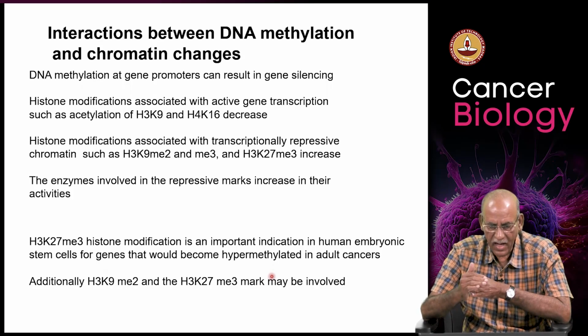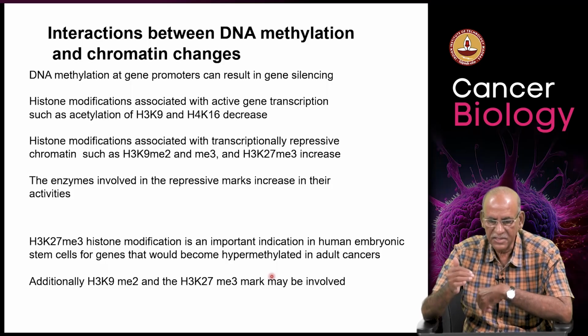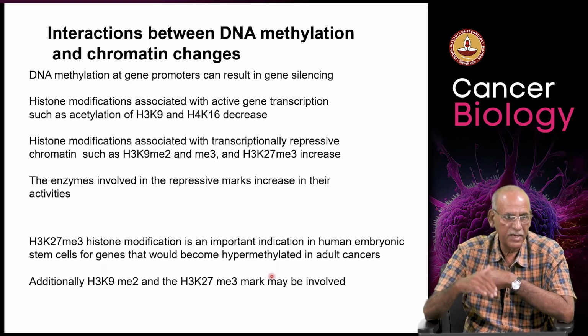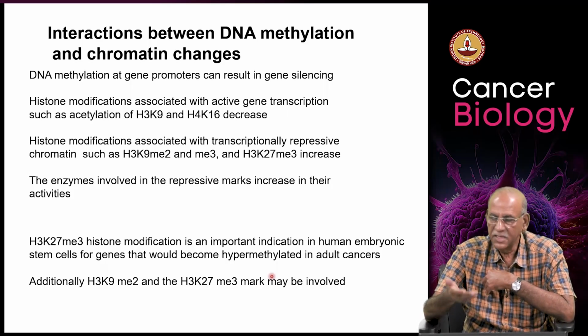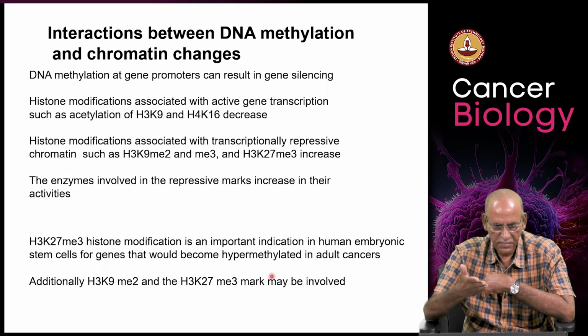These are active in transcription, but their levels decrease, so transcription can be decreased. So, we are talking about gene silencing factors. One is DNA methylation, the other one is histone modification.